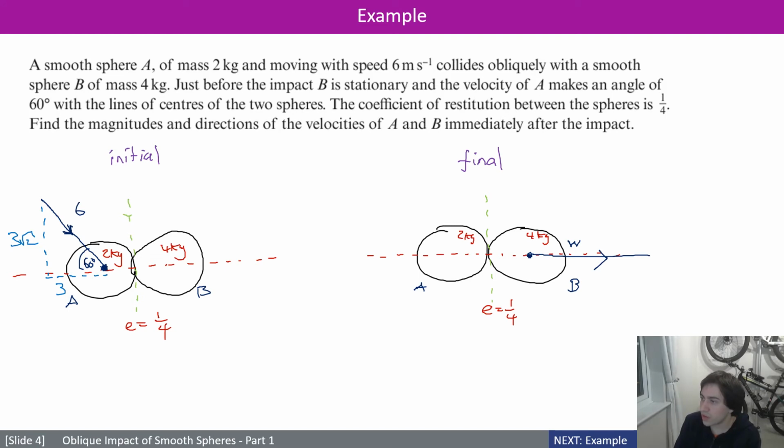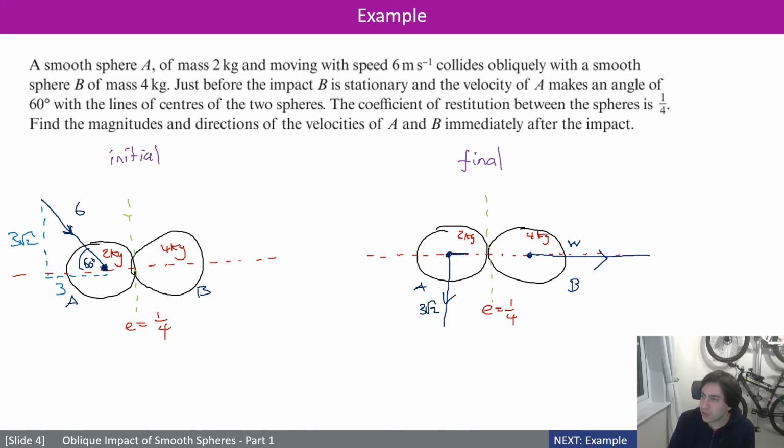So on the diagram, I'm going to split into two components. I'm going to have 3 root 3 here, and now the only unknown is the horizontal, or parallel to the line of centres, component for A. So that we don't know.